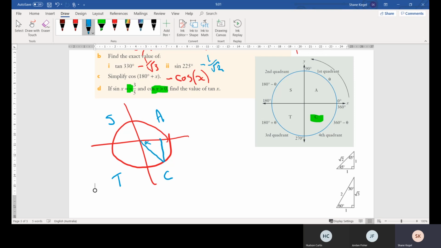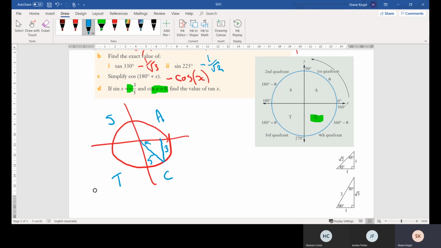My x value goes in here, and I know sine equals 3/5. So sine is O over h, which tells me that my O value is 3 and my h value is 5. To find the unknown side, which I'm going to need for tan being opposite over adjacent, I just use Pythagoras.